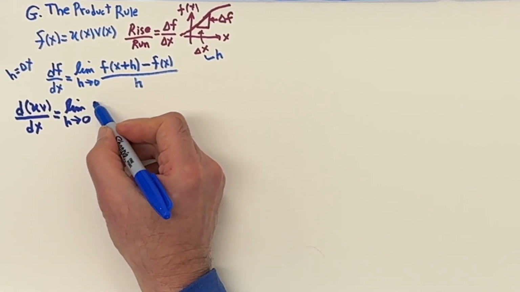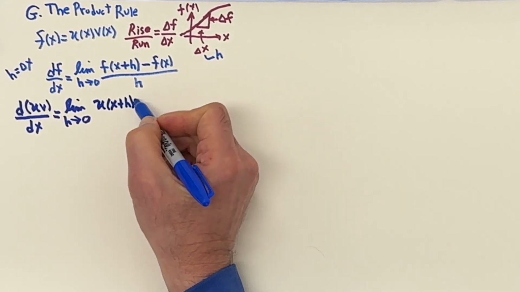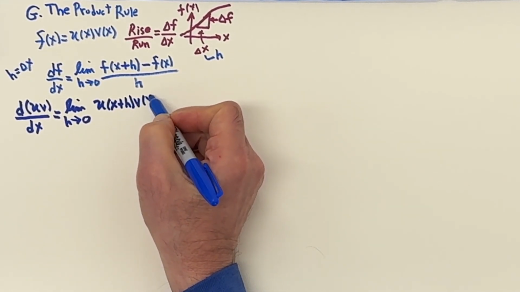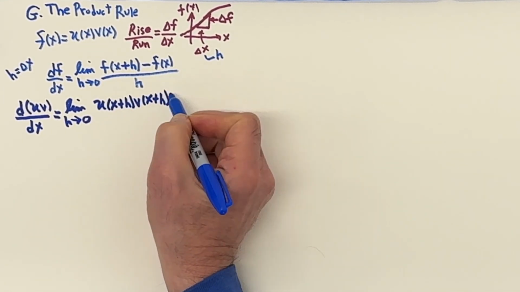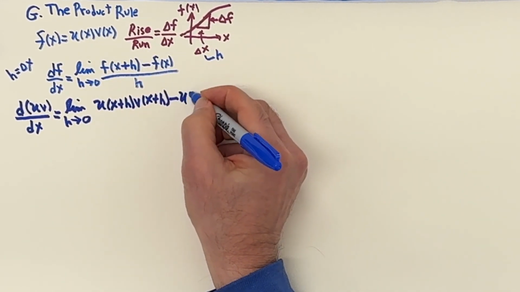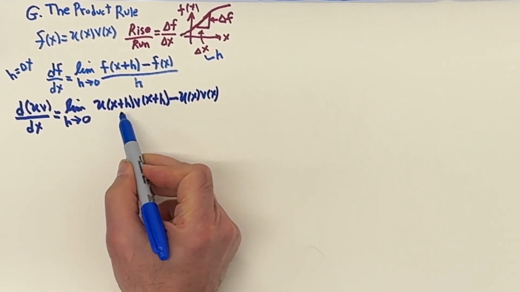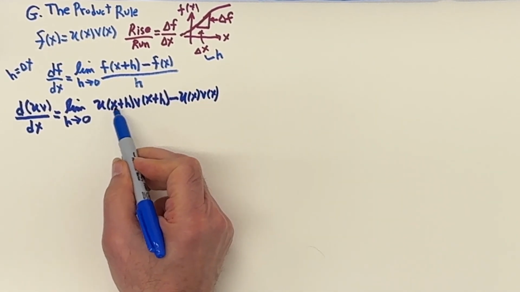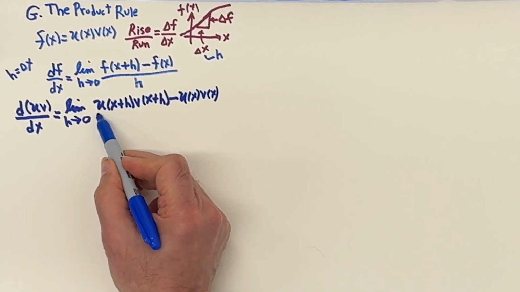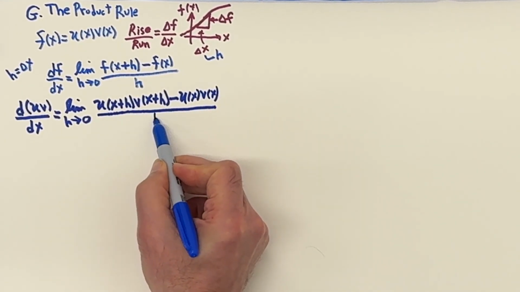So this is going to be u of x plus h times v of x plus h, and then we're going to subtract the f of x, which is just the u of x and the v of x. So I think that h makes it less cumbersome. We don't have to see the delta x in there because it's h. And then we divide by h.